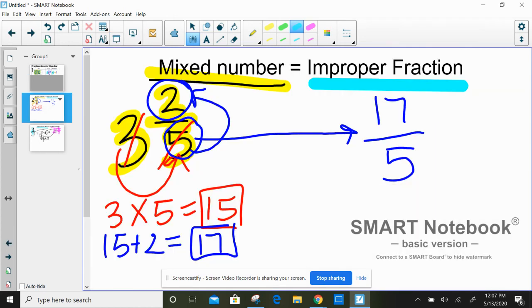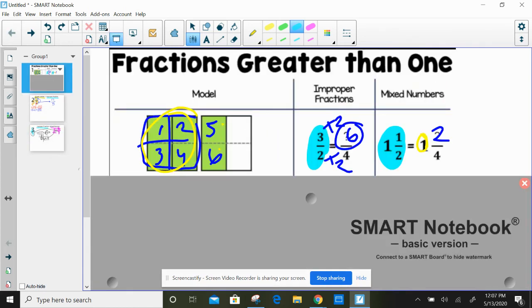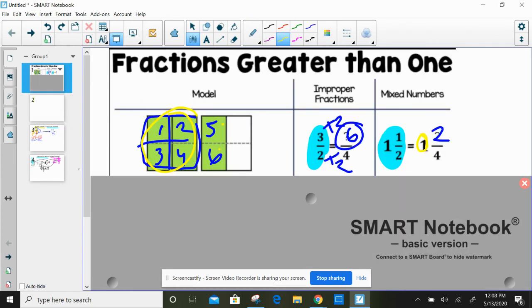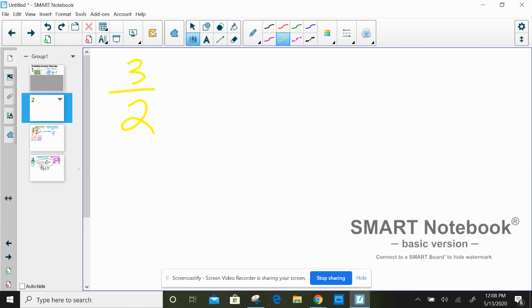See how we took our mixed numbers and improper fractions? So this 3 over 2 is an improper fraction. And we're going to see if it really is equal to 1 and 1/2. Let's find out. Is it equal to 1 and 1/2?